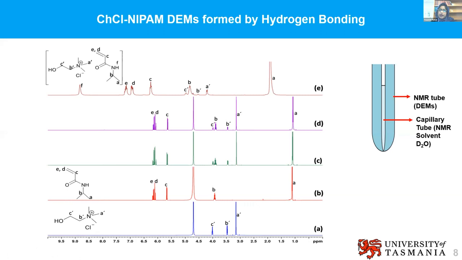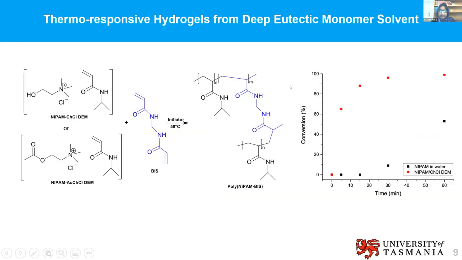It's maybe because of the hydrogen bonding nature and also the chemical environment. As I said, the deep eutectic monomer solvent is very viscous, and we took this NMR at 55 degrees centigrade so that it can be liquid at that temperature, and it supports that yes, the deep eutectic monomer is formed by hydrogen bonding.